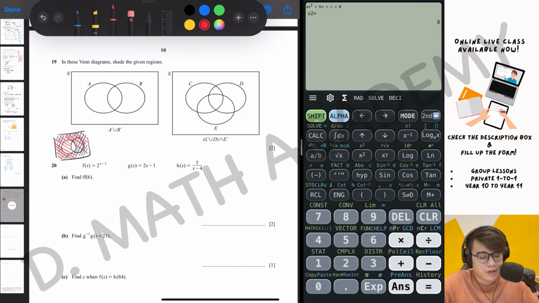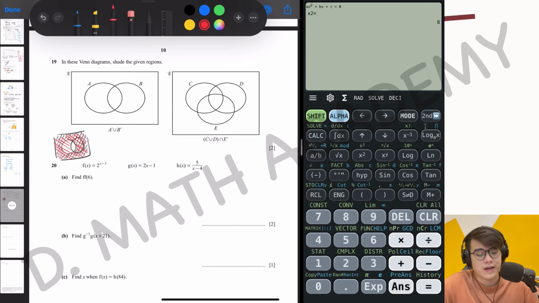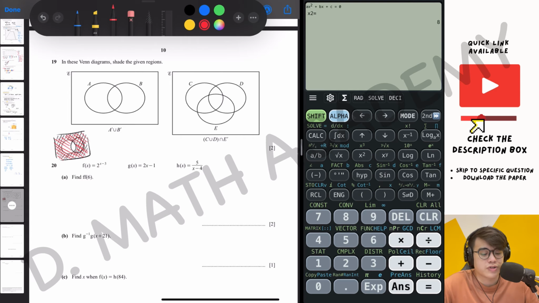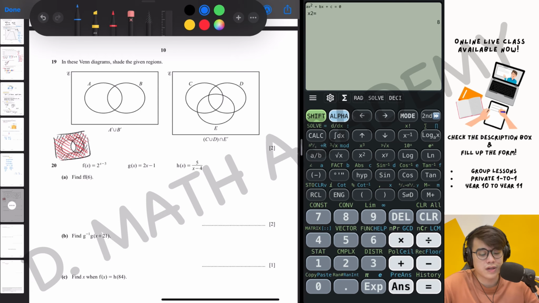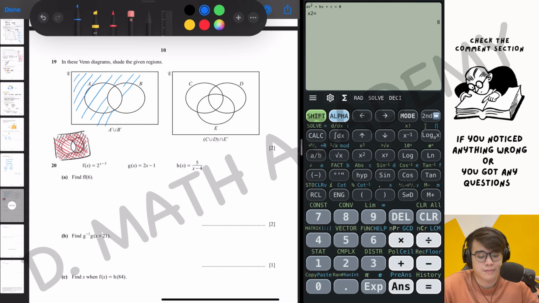The thing about this question is that they use union, which means every single line, as long as I draw it, will be considered part of the answer. That's why for your final answer here, only the center part I will leave empty. The rest, I will be shading them up. So this will be my answer here.